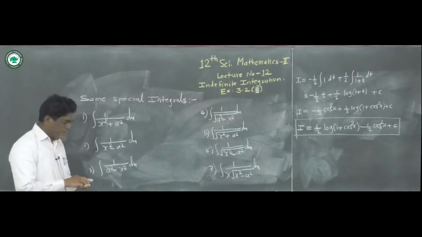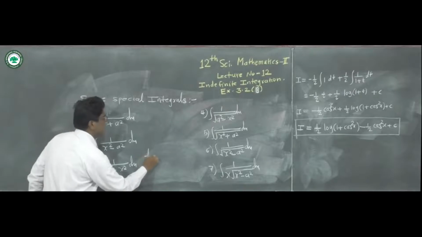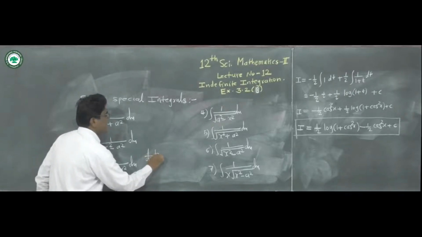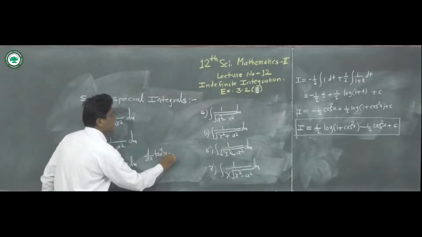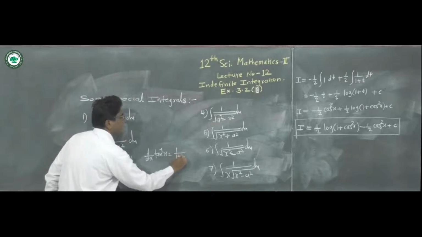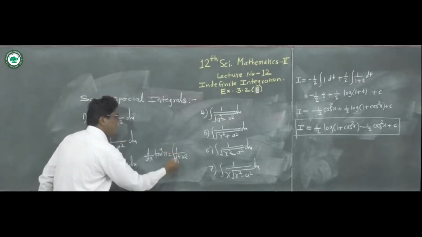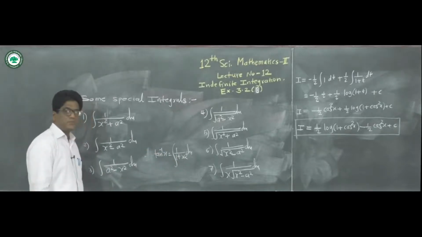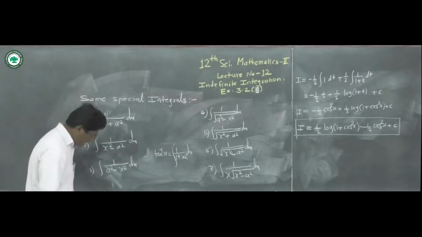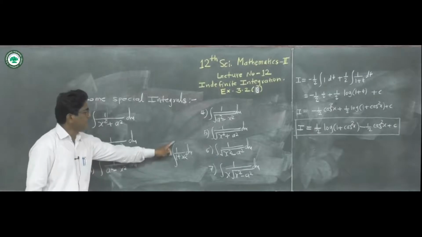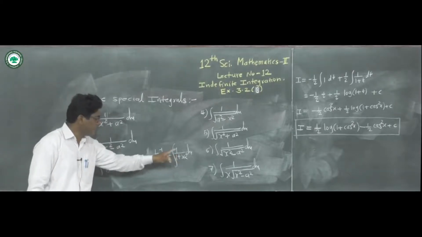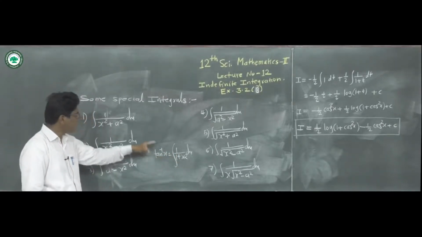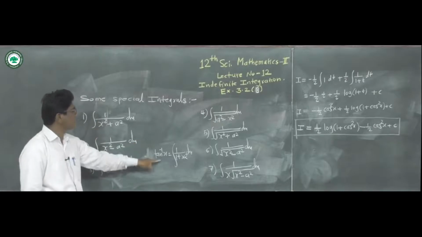We know that d by dx of tan inverse of x is equal to 1 upon 1 plus x square, and therefore integration of 1 upon 1 plus x square dx is equal to tan inverse of x. So the same formula here. The first formula is the same as this.